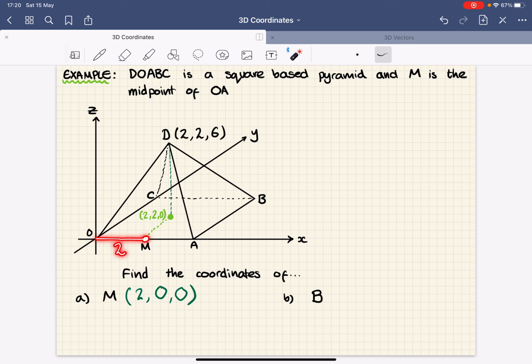And because it's the midpoint, this distance here is also going to be 2. So my total distance going across is going to be 4. And because it's a square base pyramid, I go into the background by 4. And I've not gone up, so it's going to be a 0 on the end. So that's our 3D coordinates there. Let me know if you have any questions, and good luck with the work.